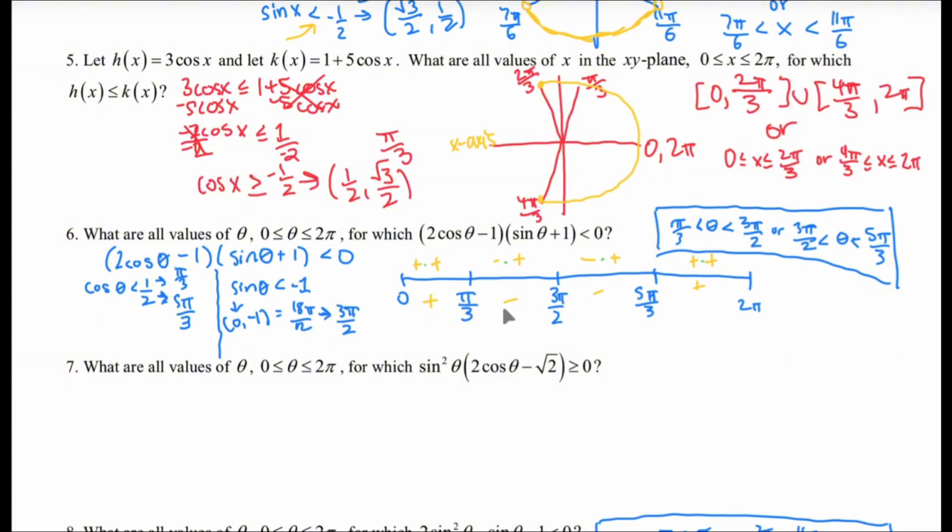Then we had to find values in between the two values to see if they would be positive or negative. And from that, we would know if it would be above 0 or below 0, because we're solving based on 0, right? For this one, we want it below 0, so we're finding the negative. So it's these two. And because it's not equal to, this right here is our answer.